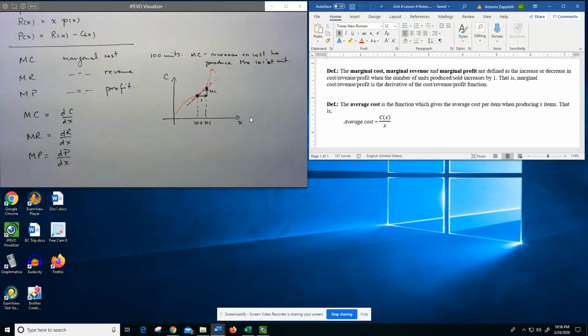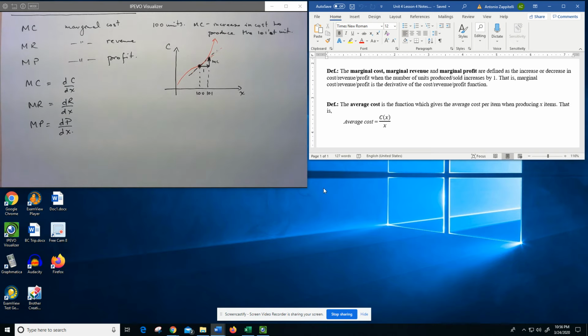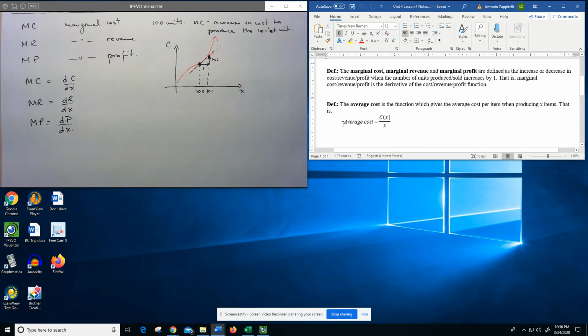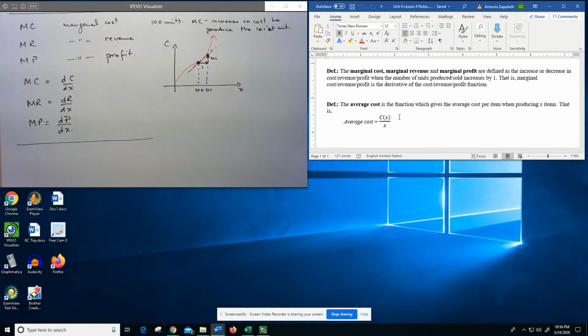All right, so the last thing that might come up in the homework, okay, is this idea of average cost. Okay, so in other words, on average, how much does it cost me to make a particular object? Okay, so let's say I'm again making 100 units.